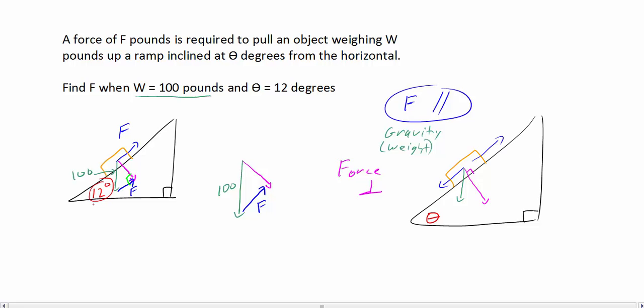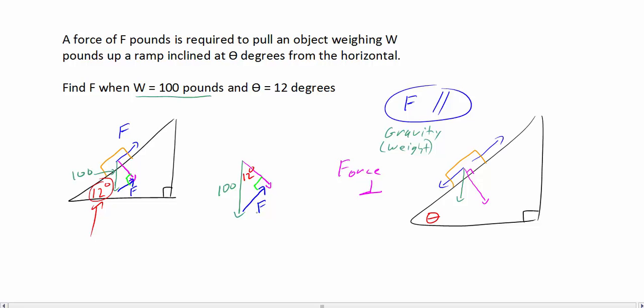And based on similar triangles, this angle up here is also going to be 12 degrees because it's going to match up with the angle of the ramp. So notice here this is the right angle. We're looking for the opposite side, which is F, and we have the hypotenuse here.